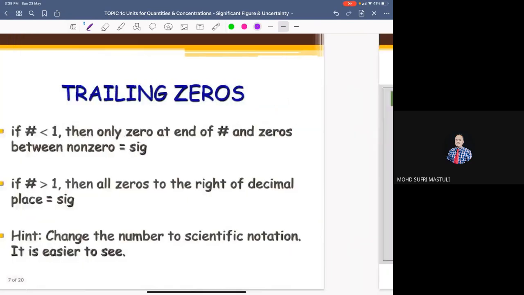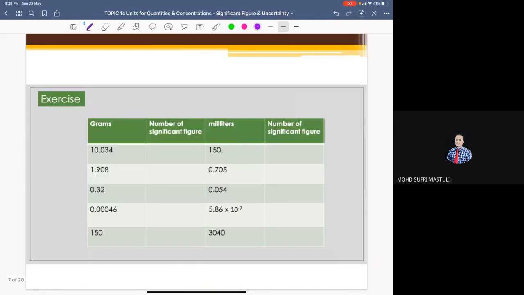So you can read if you wish, and you can try to predict the number of significant figures. For the first one, 10.034, all are significant, so we have five significant figures. The second one has four significant figures.